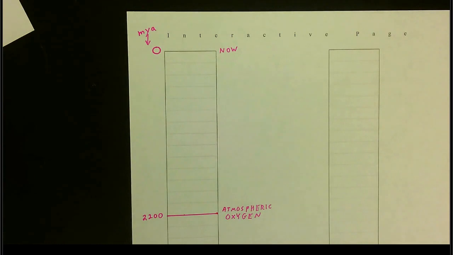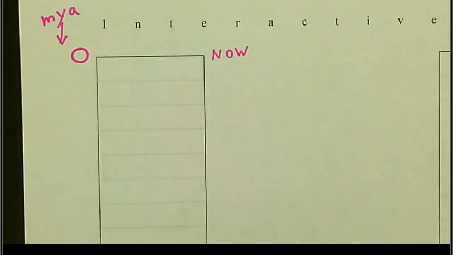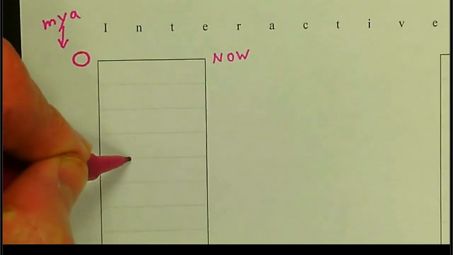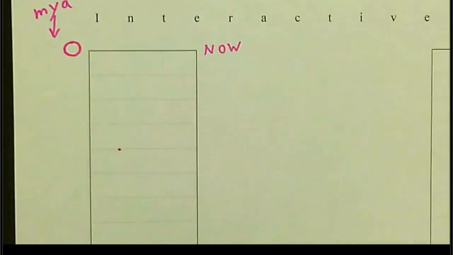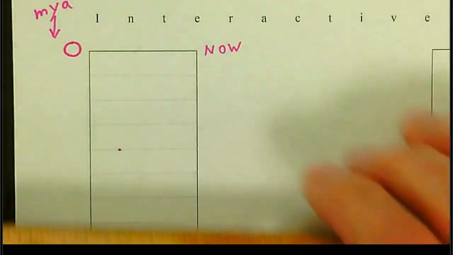Let's go down 4 spaces here and draw a line there to represent when life started becoming complex.